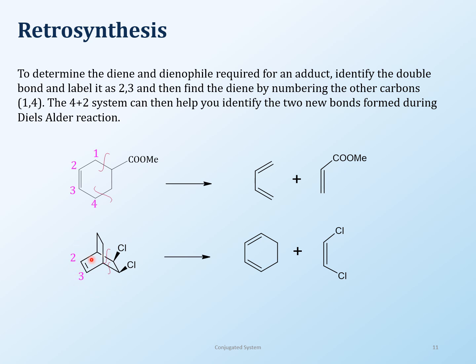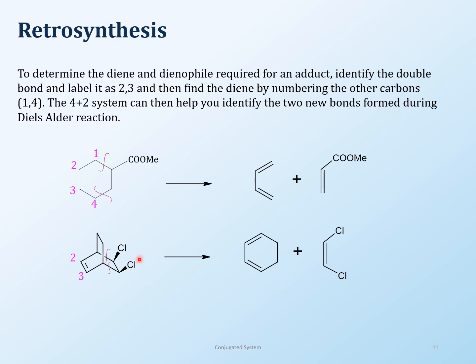All right, so here again is 2 and 3, the double bond, 2 and 3. The 1 and 2 is over here. Now regarding 1 and 2 over here, that's not 1 and 2. So be careful. Anyway, whenever you have a bicyclic system, it means that at least you have one ring somewhere. Either that ring is coming from the dienophile or it's coming from the diene. You can figure that out depending on how the bonds are breaking.